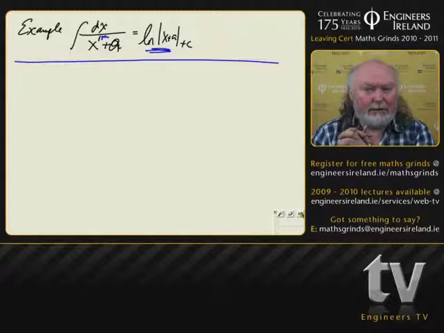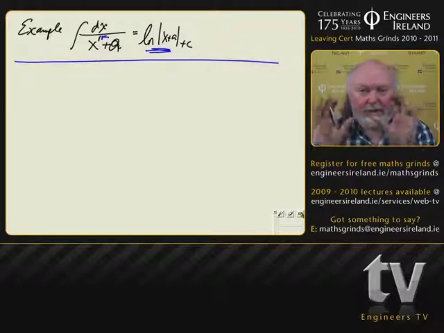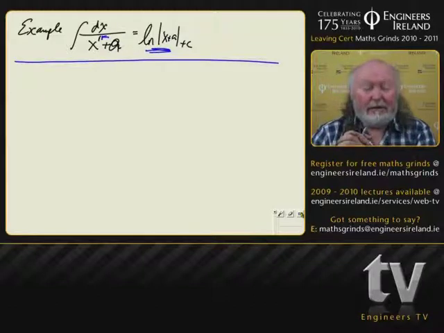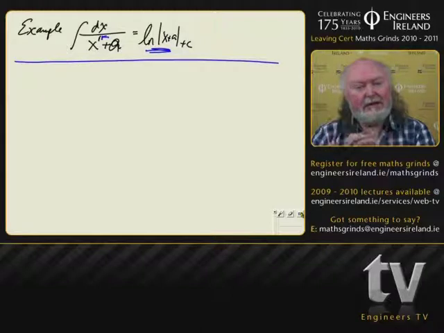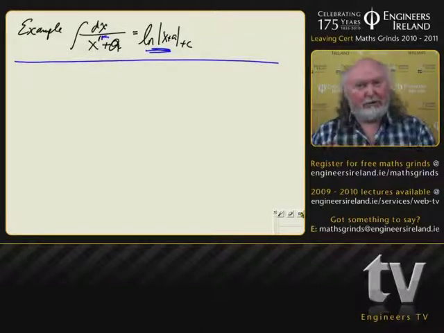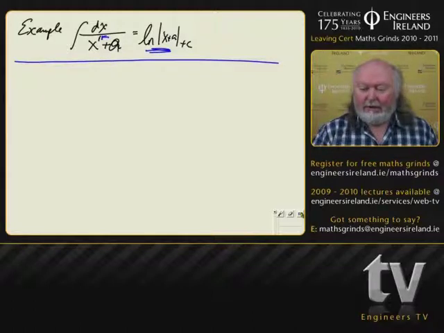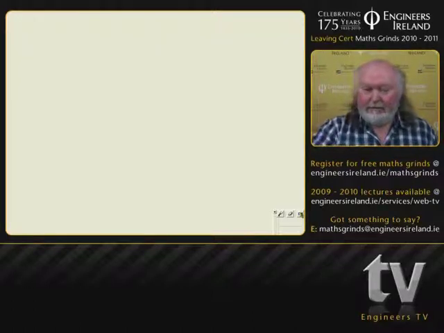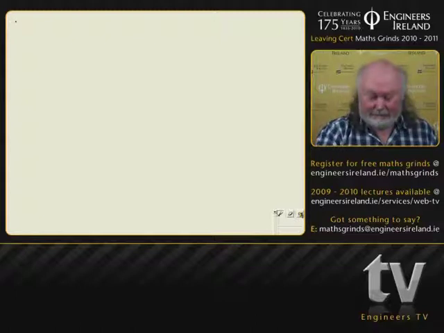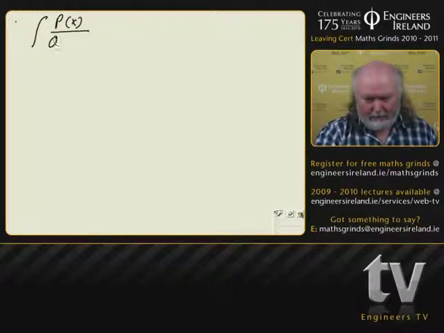If we're just dealing with those, and if we're dealing with a rational expression, that's something divided by something else, there's a small number of rules and they're all quite sensible, and once you know the rules, you'll know immediately how to proceed. So what we're now looking at are these guys. Some polynomial divided by another polynomial.